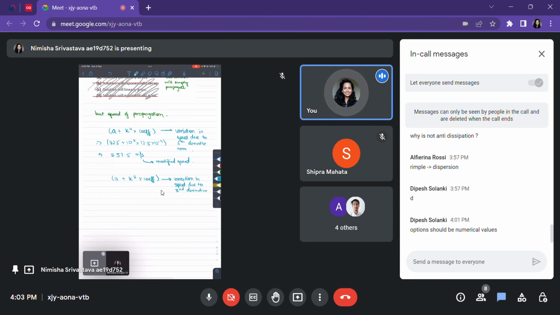Then also in these classes there was some discussion regarding two schemes. One was the leapfrog scheme, and the other name I'm not able to recall. I think it's something related to Lax. But rather than focusing on the names, just look at what the scheme is doing.